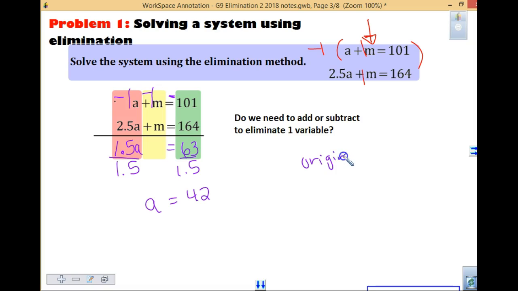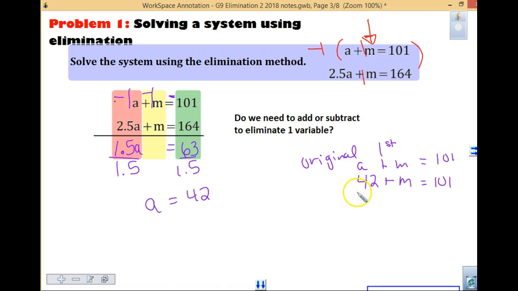So we are now going to go back to one of our 2 originals. Lucy, which one looks easier, the first or second? The first one. So we're going to go to that first one, and instead of A we're going to put 42 plus M equals 101. Was that A equal to 42, or just 42?